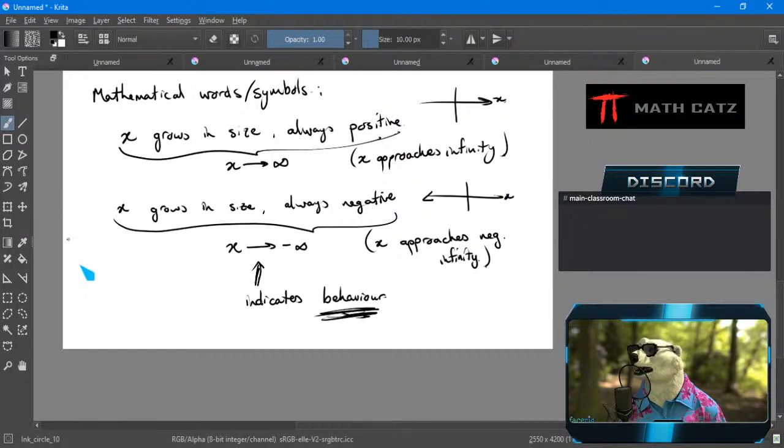So we can isolate this and just ask for this long-term behavior. So the arrow indicates behavior. The infinity means I'm never stopping. It's long-term behavior. There is no stopping. It's just a question of which direction do I want to go.